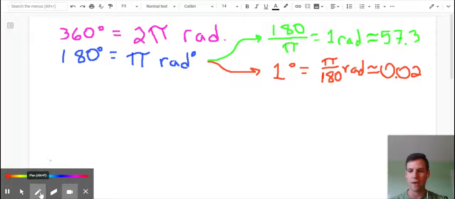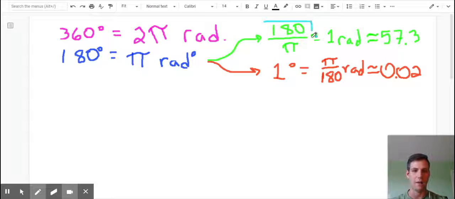So right there, we have some things that are important. This 180 over pi right here: for every 1 radian, we know that it's this many degrees, about 57.3 degrees. What that means is for every 1 radian we go up, we would have to multiply by 180 over pi. And conversely, if we go up by 1 degree, we would have to go up by pi over 180 radians.